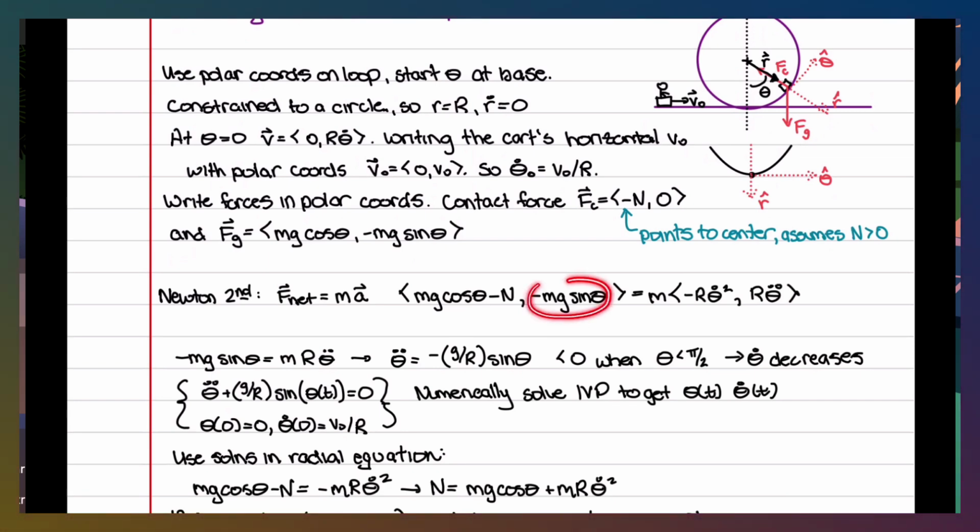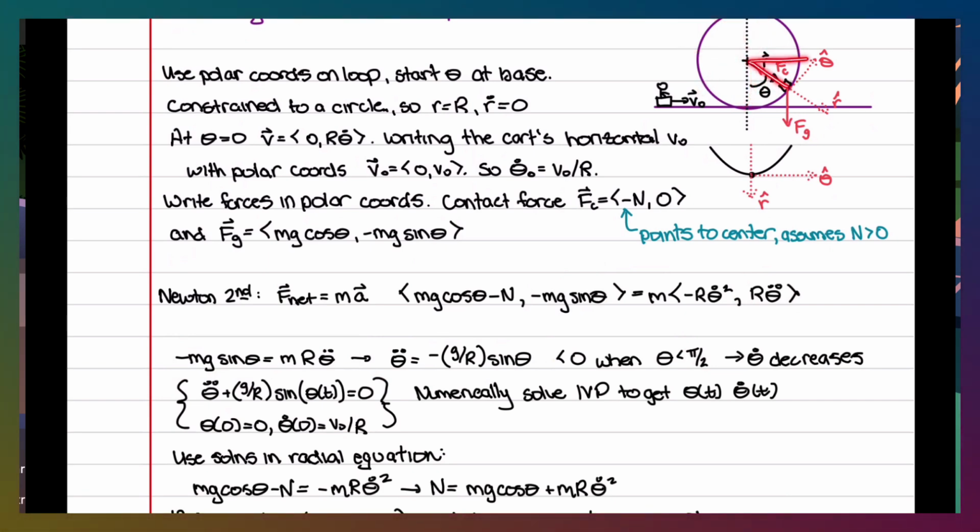So if I set this equal to that, that's this differential equation, which says that the second derivative of theta is equal to that. Note that when theta is less than pi, anywhere here, this entire thing is a negative number, which makes sense because that means the rate that you're rotating is slowing down.